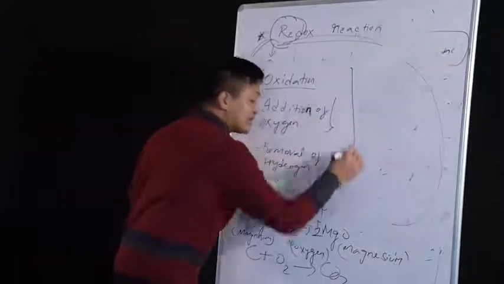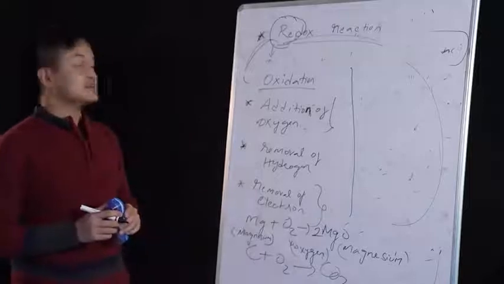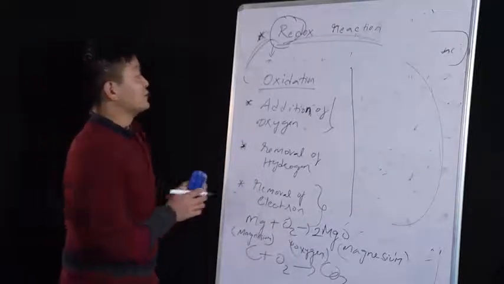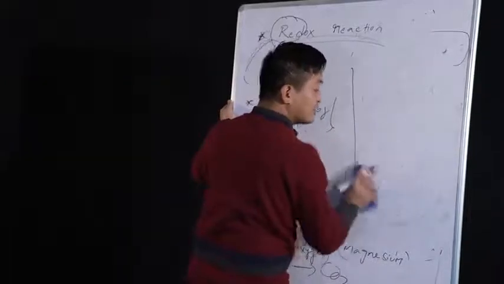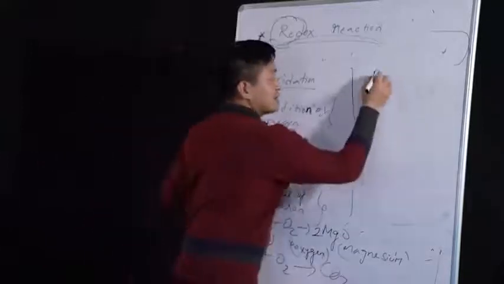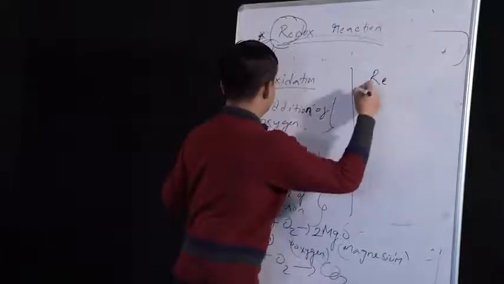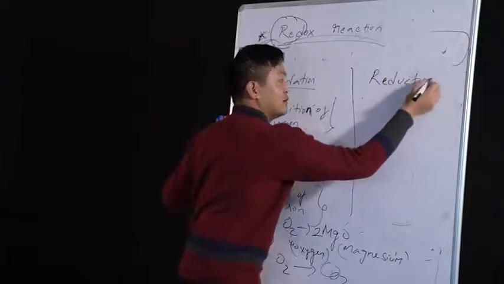Now, reduction reaction is just the opposite of oxidation reaction. Clear? Reduction reaction is just the opposite of oxidation reaction. So I'll list the points for reduction reaction as well here.